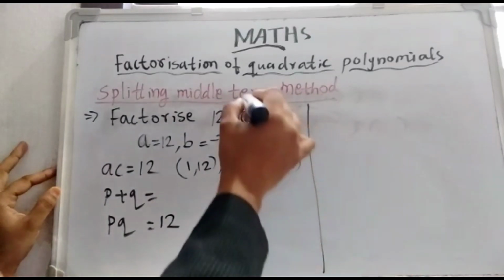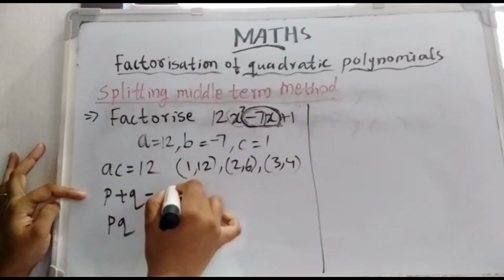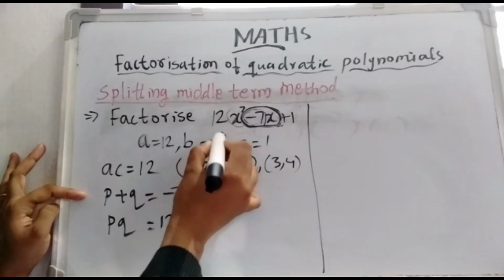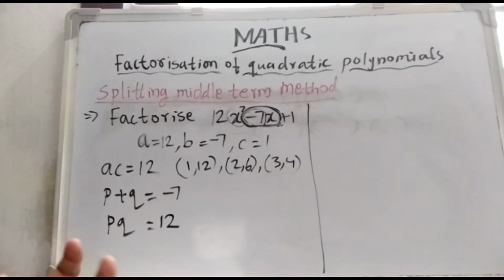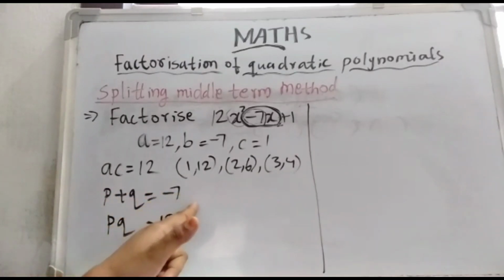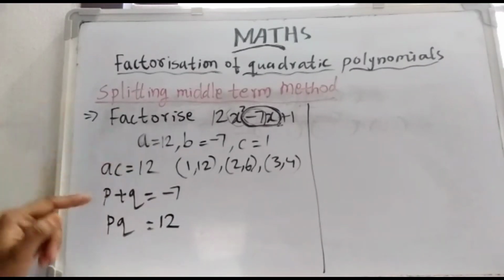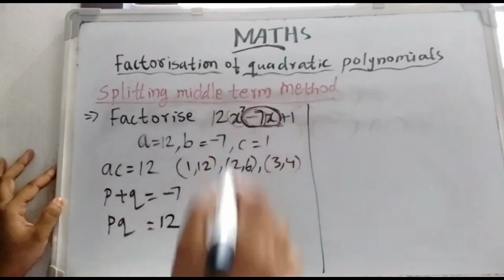So p plus q should be minus 7, that means b. We need two numbers p and q such that p plus q is minus 7 and pq is 12. 12 means a into c, and p plus q means the middle term coefficient, minus 7.